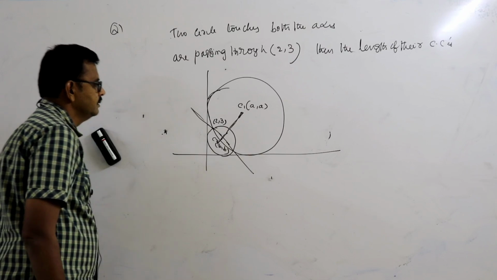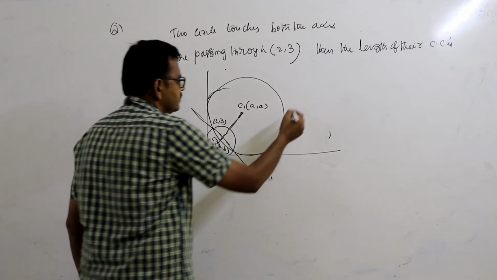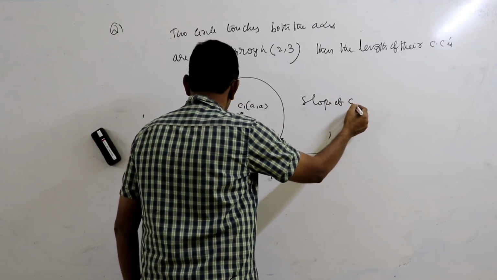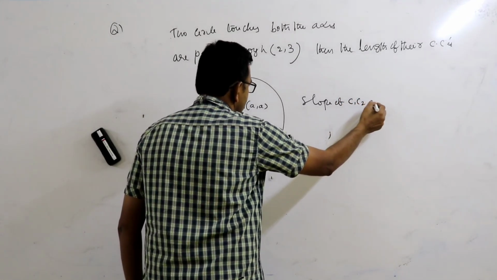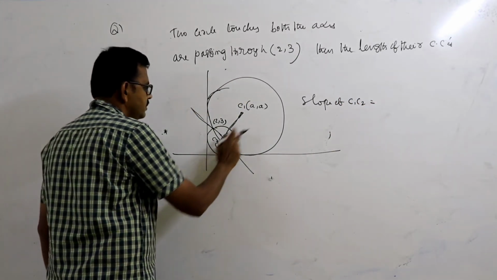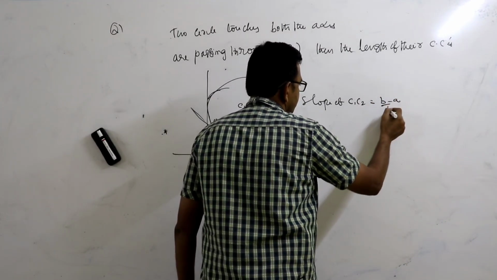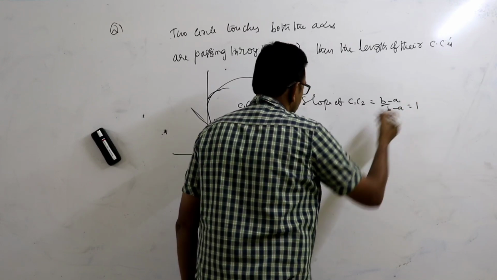Now the slope of C1 C2 is equal to y2 minus y1 by x2 minus x1. So this is b minus a by b minus a, that is equal to 1.